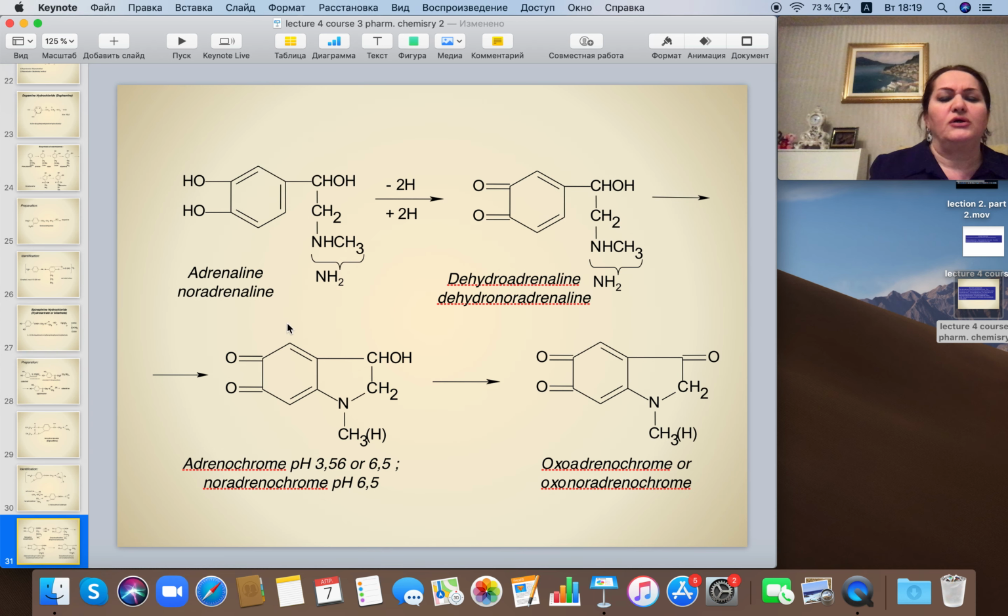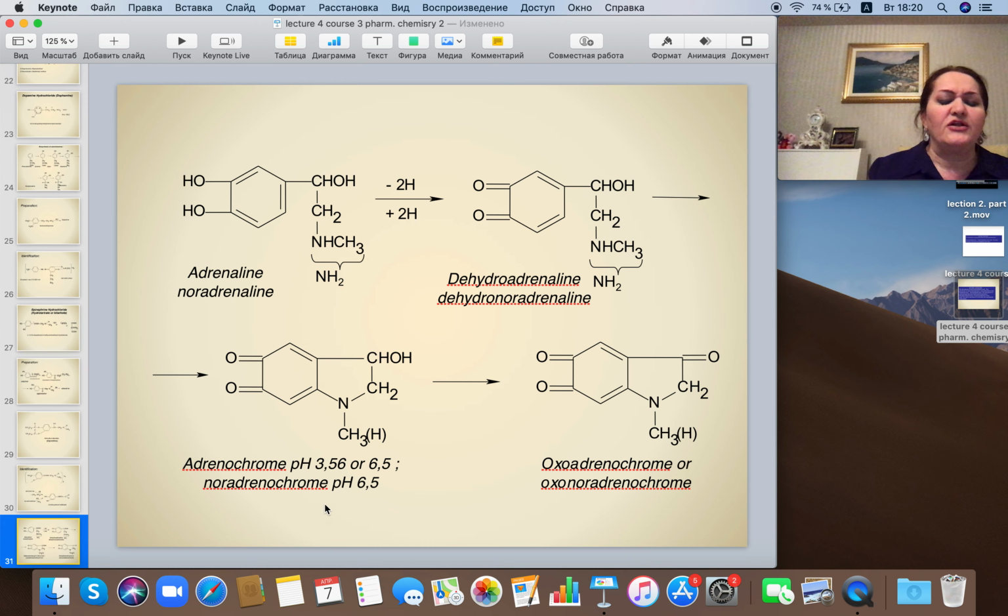When we speak about identification, adrenaline and noradrenaline give a reaction with iodine, with a buffer solution of iodine in the presence of sodium sulfate, and for adrenaline pH 3.56 and 6.5 are used.